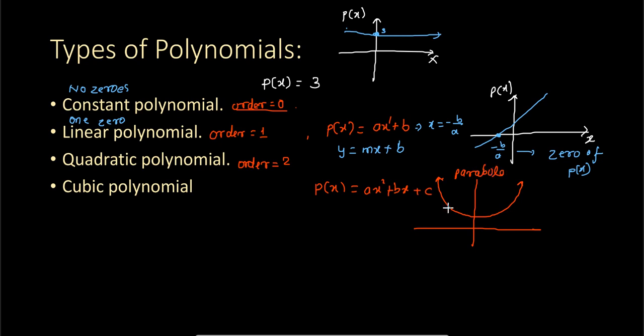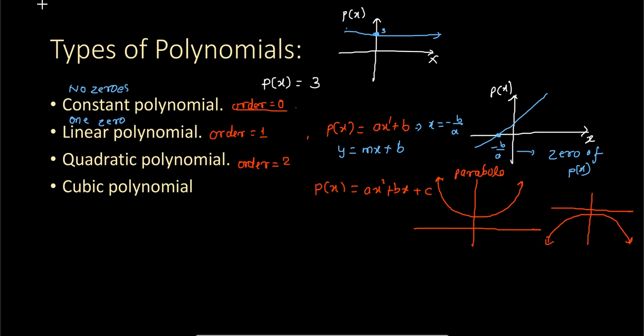Now there are two possibilities. This parabola could be upwards like this, or we may have a downward parabola like this. This is called an upward parabola. This is called a downward parabola.